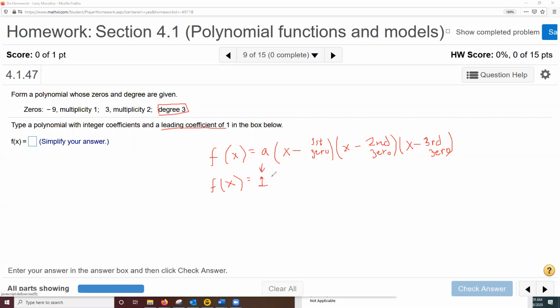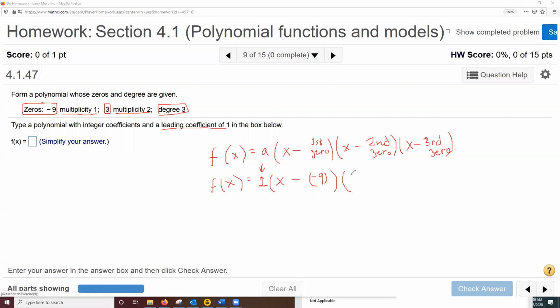Okay. Let me take the first 0. The first 0 they're giving me is negative 9, and they're telling me multiplicity 1. Well, that means that 0, negative 9, shows up just one time. So I'm going to write it as x subtract a negative 9. Let me go to the next 0. The next 0 is a 3, but they're telling me multiplicity 2.